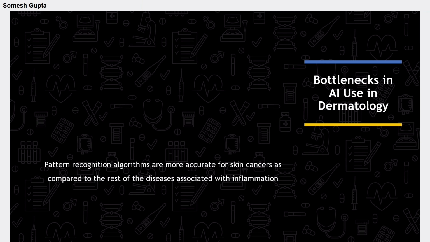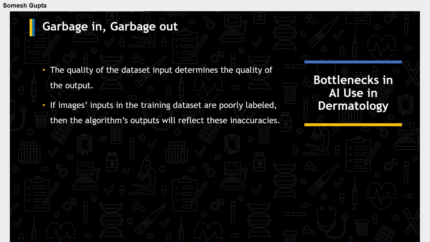This kind of confusion is also passed on to the image database and to the machine which is giving us the diagnosis. So this is what the current scenario is: garbage in, garbage out. Because of our own confusion, our databases are full of erroneous diagnostic images, and that's why the performance of AI in non-cancer conditions is not so good.